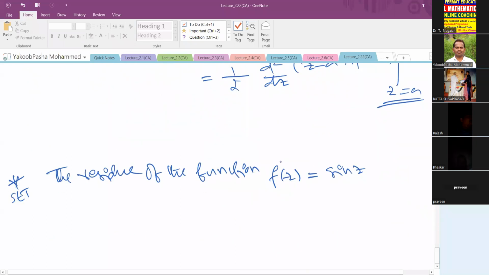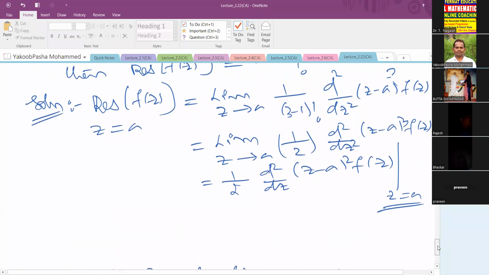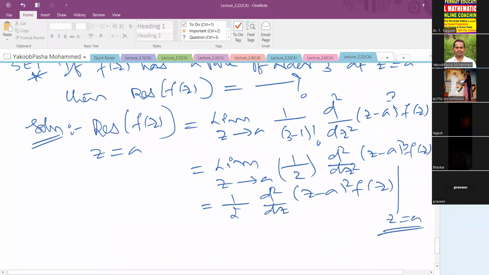The residue of the function f of z is equal to sin z by z into z minus a whole cube. Okay, all right, z minus a.